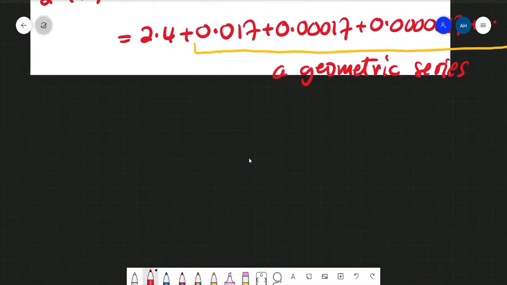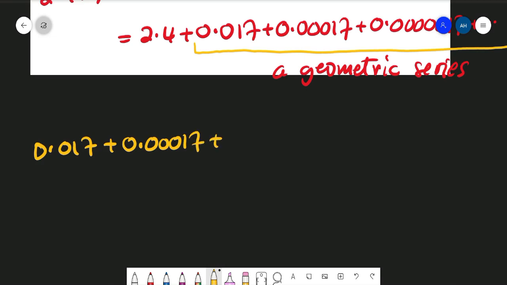Let's write it down one more time, just the geometric series: 0.017 plus 0.00017 plus 0.0000017, and follow the same pattern, going to infinity.